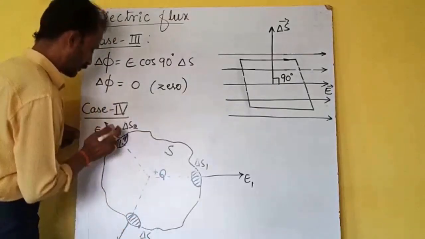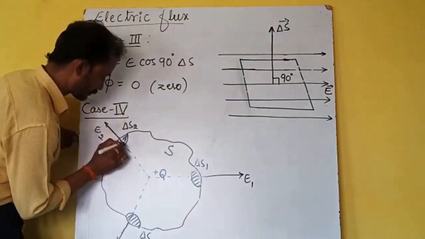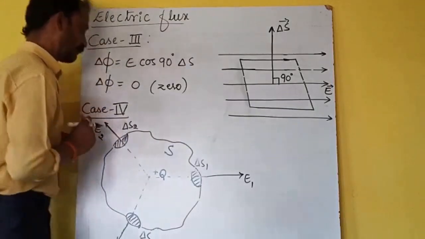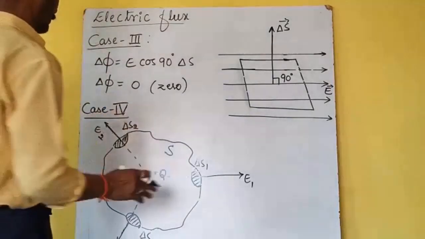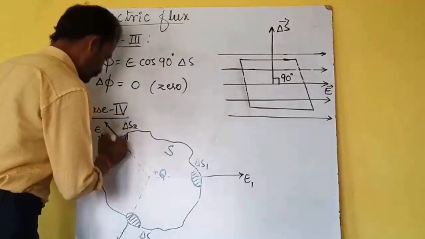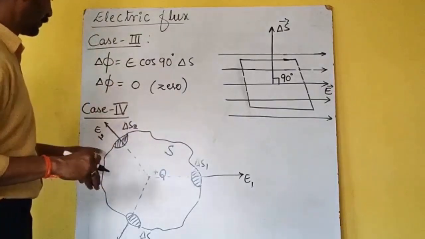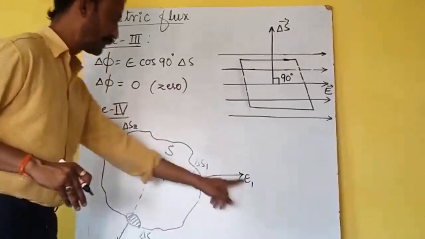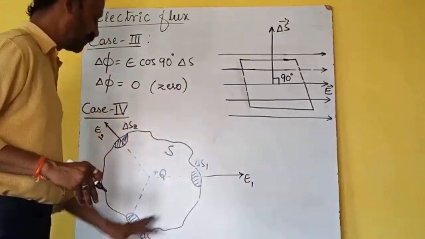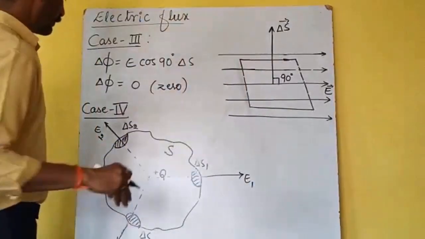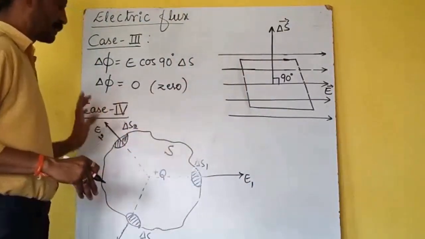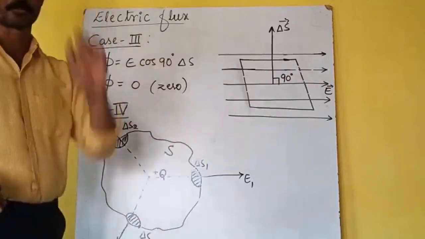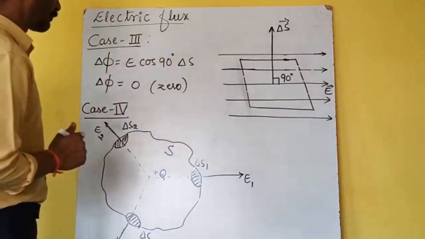We know that according to the properties of field lines, the electric field line is always normal to the surface of the conductor. So here the electric intensities through these surfaces are E1, E2, E3, and so on, En, through the surfaces delta S1, delta S2, delta S3, and so on, delta Sn.